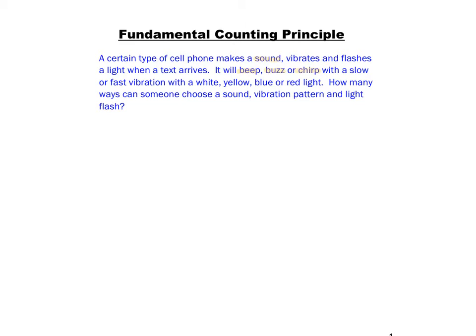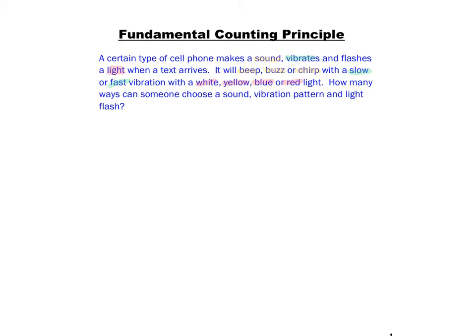And we'll keep it simple for vibration. It can either vibrate slow or fast. Now, as far as the light goes, we're going to have a few more choices. So for the light, we have white, yellow, blue, or red.